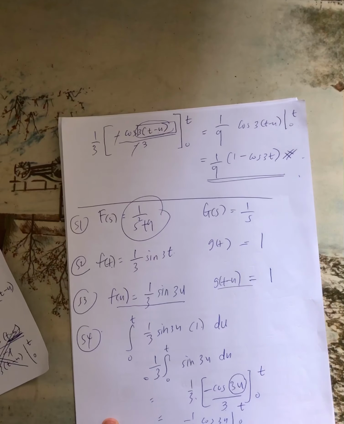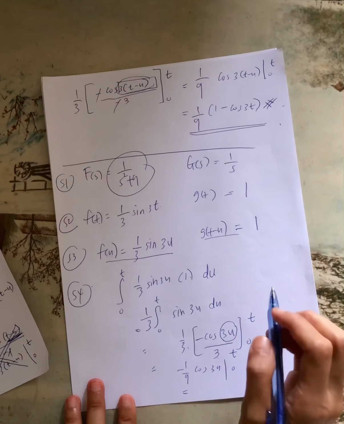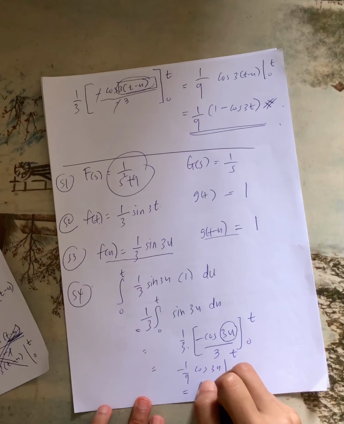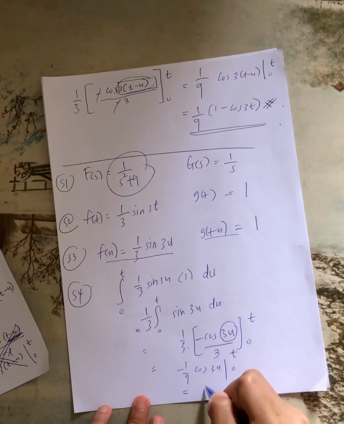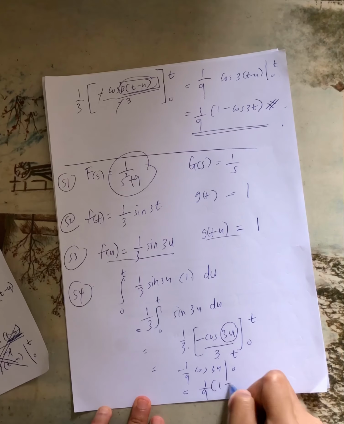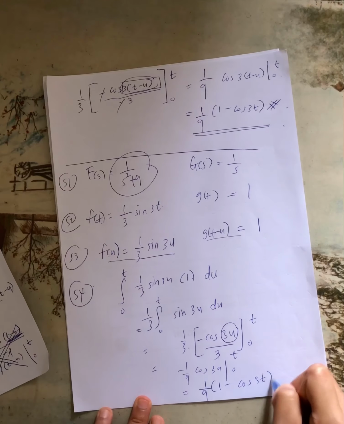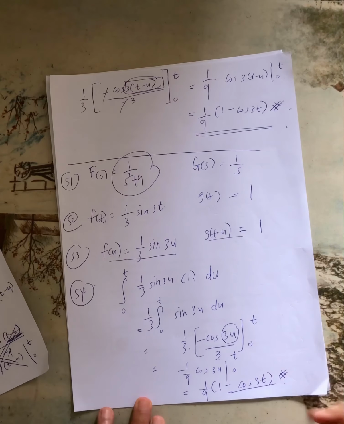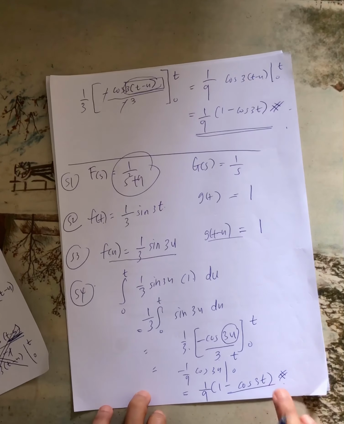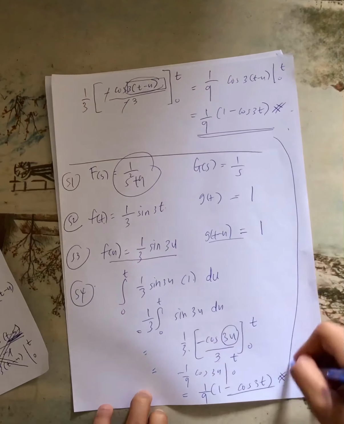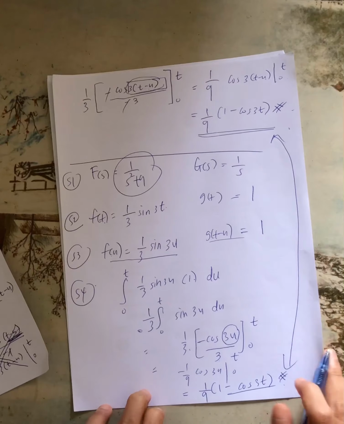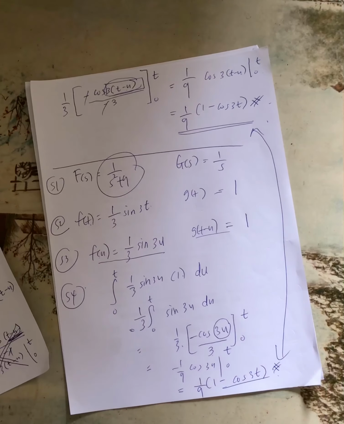Substitute 0 to t into cos 3u here. So you will get the same answer as the previous one, which is 1 over 9, 1 minus cos 3t. You can do it by yourself, but you will get the same answer.